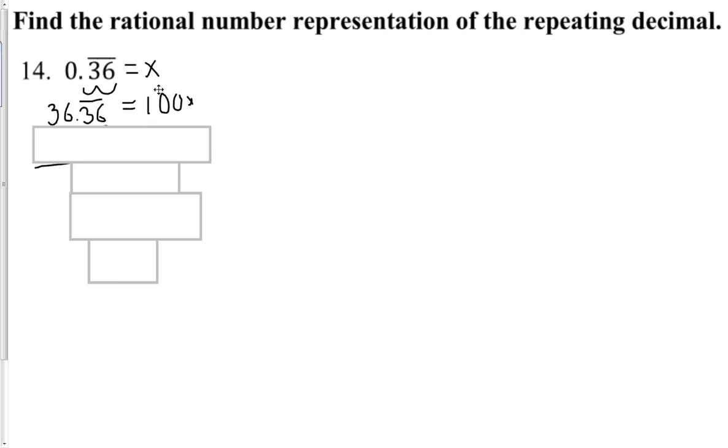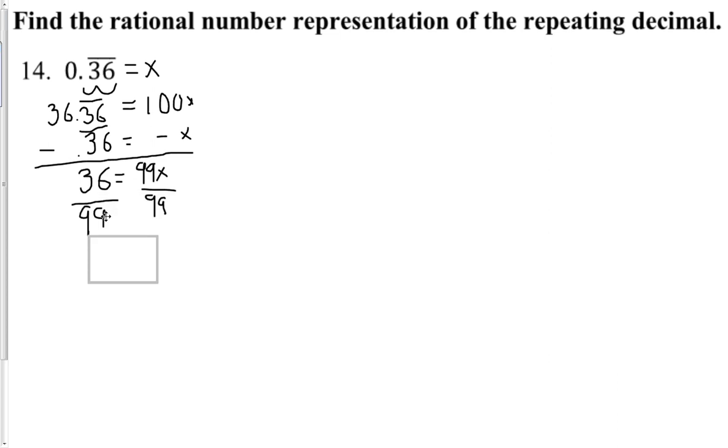Why we do it this way is because now when we subtract the top from the bottom, we'll be able to get rid of the repeating decimal, and then we'll be able to solve for the fraction. So subtracting 0.36 repeating and minus 1x, because 1x is 0.36 repeating, we get 36 is 99x. Divide by that, use the fraction button on your calculator, divide by 9, we get 4/11 is 0.36 repeating.